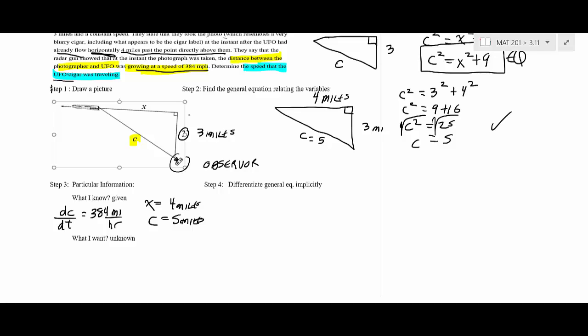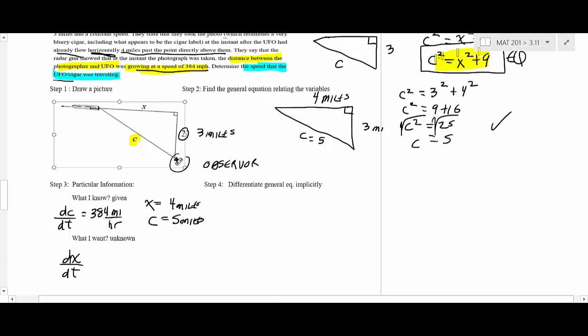X, good. So that means you're trying to find dx over dt. You've got to know what the variables are. The x is the distance of the UFO. C is the distance the UFO is from the photographer. So they have different speeds going on, different rates going on. Now we've got everything we need to know. Like I said, that's the hardest part of the problem. You've got to find two things.